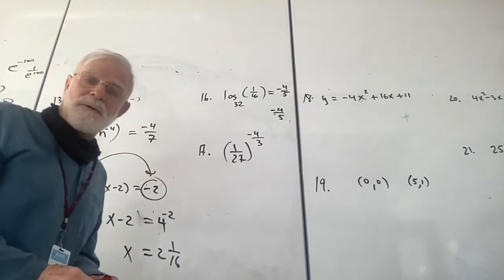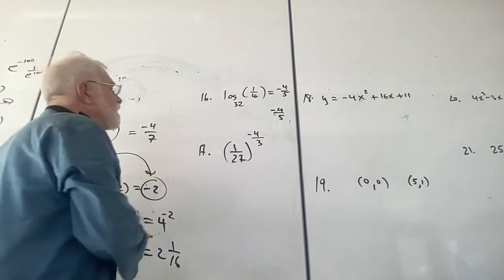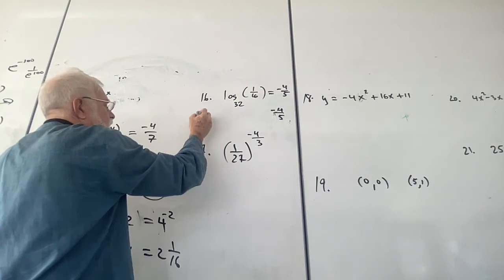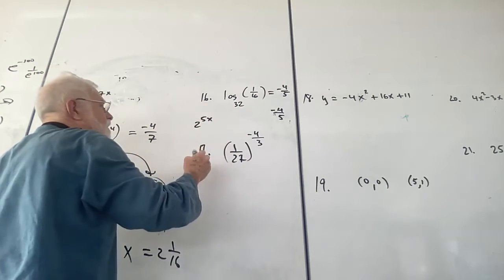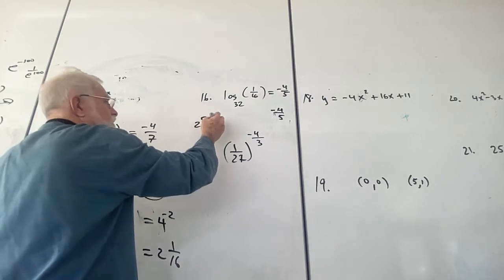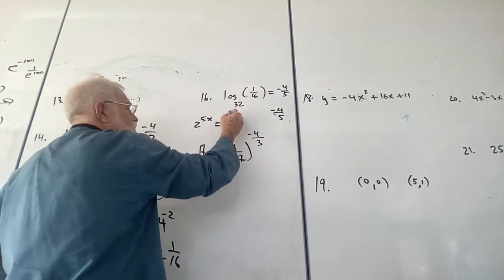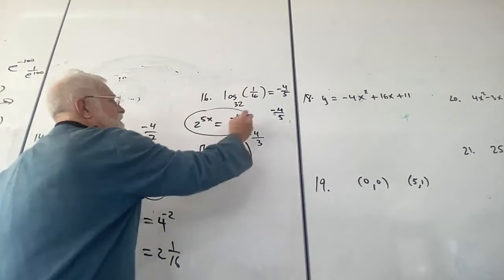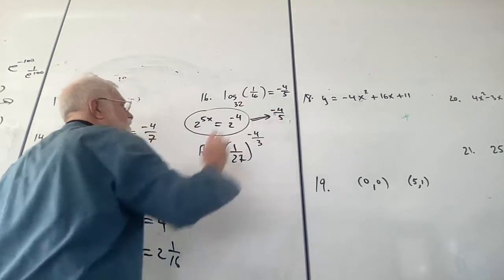I hope you think about it that way. But in order to solve it, we rewrite 32 as 2 to the 5th. And I'm looking for the exponent that changes this into 1/16, which is 2 to the -4. I hope you can now look at that and see why -4/5 is the answer.